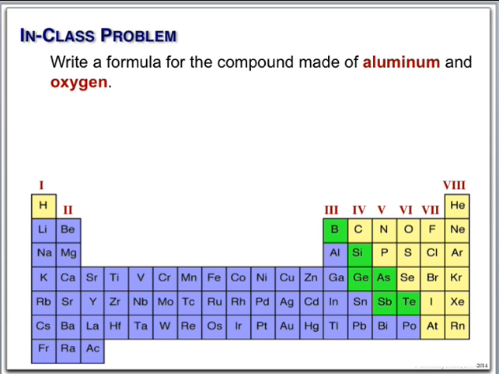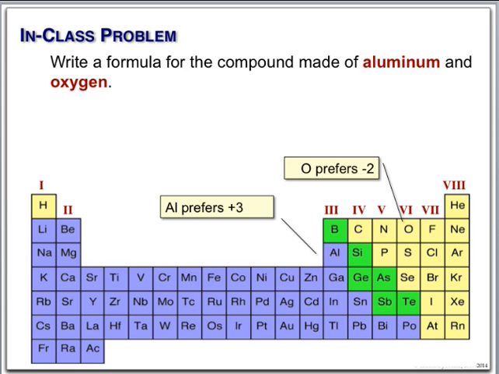So it's going to want to form a +3 cation. Oxygen lives here in group 6. It's going to want to gain 2 electrons and be a -2 anion. Aluminum is +3. Oxygen is -2.